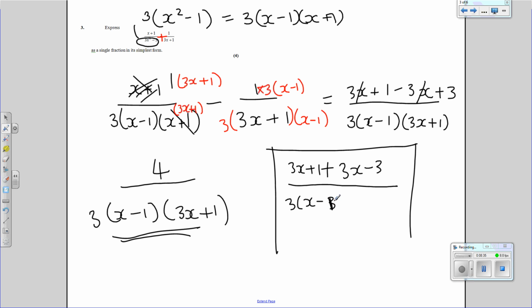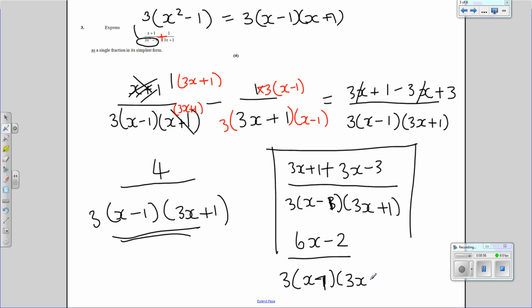Oops, that's a 1. So the top would have just been 6x minus 2, all over this bottom bit here. So that would have been the final answer if we'd done it as a plus.